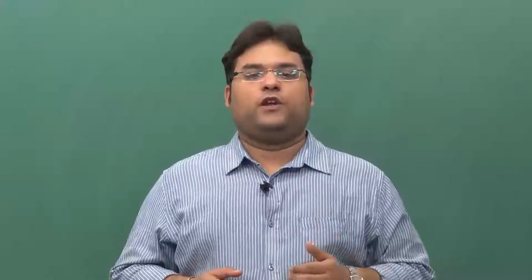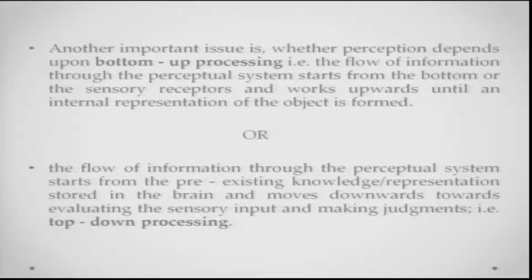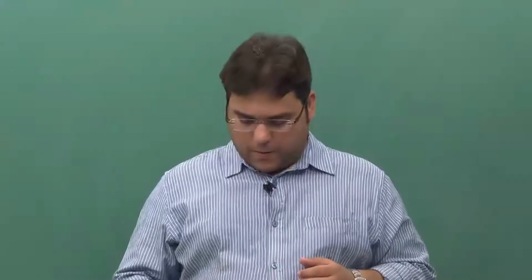Or the flow of information starts from pre-existing knowledge, like your memory stored in the brain, and then moves downwards towards evaluating whatever sensory inputs you're getting. These are the two routes we discussed yesterday about how mental representations are constructed, and this is one of the critical questions in how perception can be looked at.